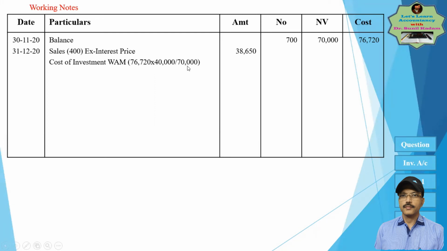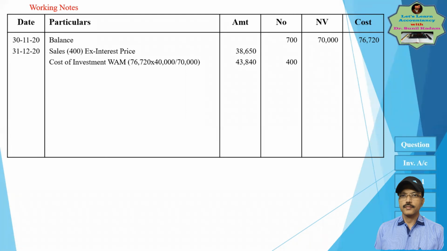Divided by 70,000, the answer comes to 43,840. So we were expected to receive 43,840, but actually received 38,650. The difference between these two figures is considered as the profit or loss.